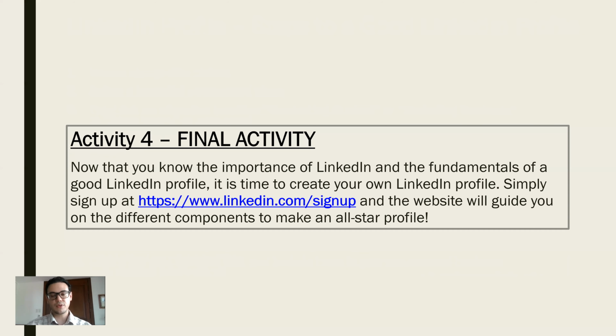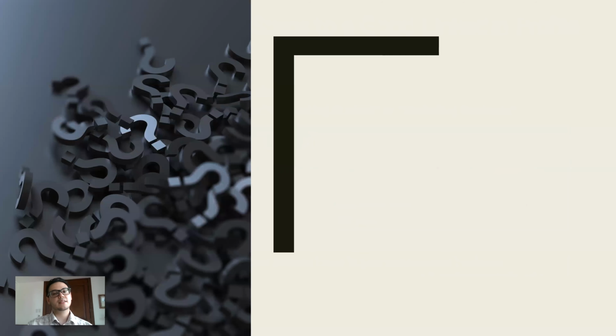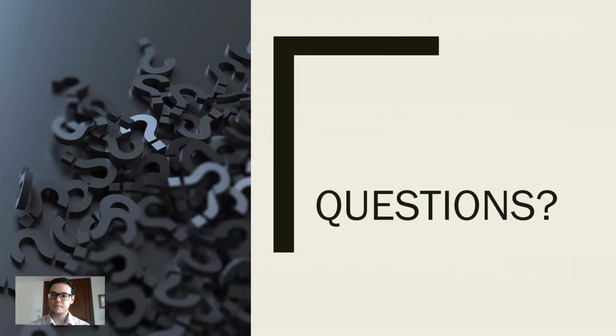So, as we're coming to an end, reflect on the activities we've done. You've listed all your experiences and accomplishments in a Word document that you've shaped into your resume. You've created your own business card, and you've created your own professional online profile, or at least you're equipped with the tools to do all three.